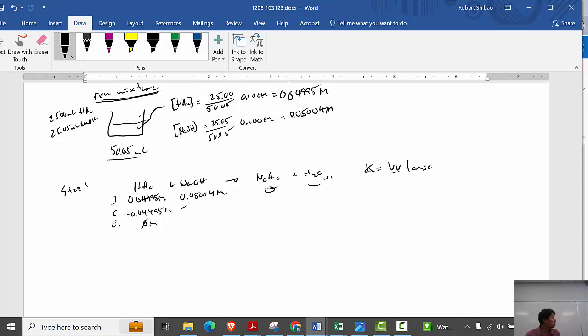And this reacts in a 1-to-1, so we'll end up with 0.04995 here. So this is going to give us 0.0009, quadruple 09.